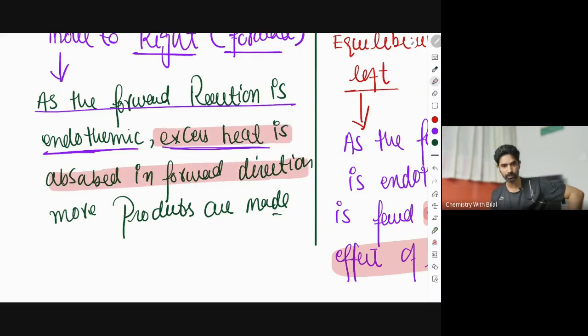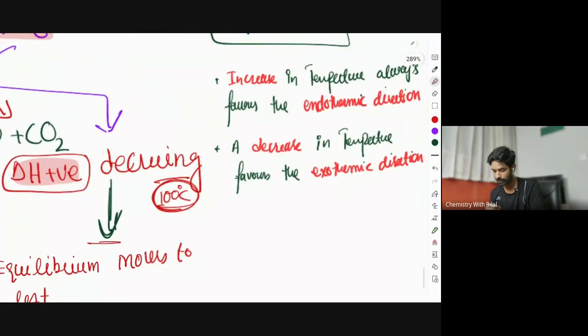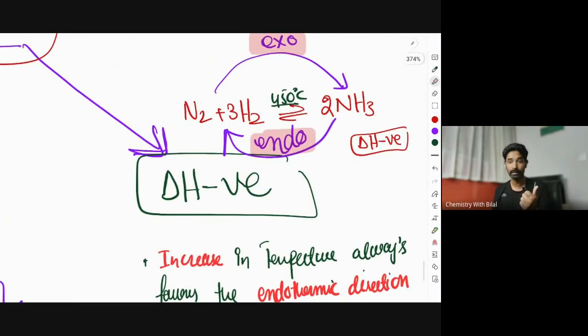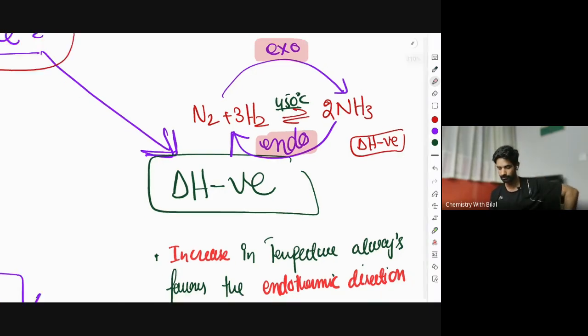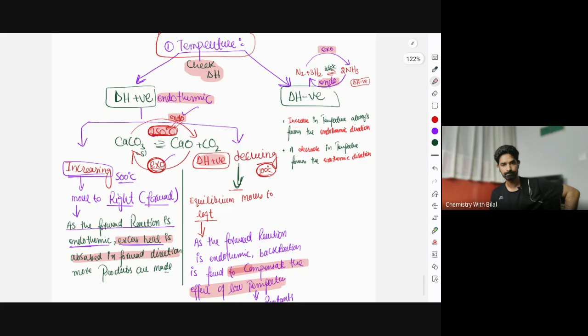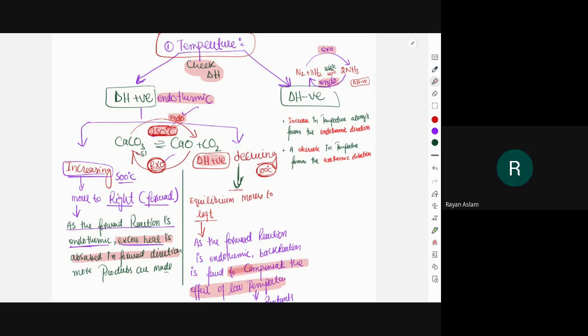The direction depends: if the reaction is endothermic, you write that excess heat is absorbed in the forward direction, and if the reaction is exothermic, you write in the backward direction. But excess heat is absorbed for an increase in temperature, and to compensate the effect of low temperature for a decrease in temperature. Make sense, everyone? Please say yes. Yes, sir. Excellent.